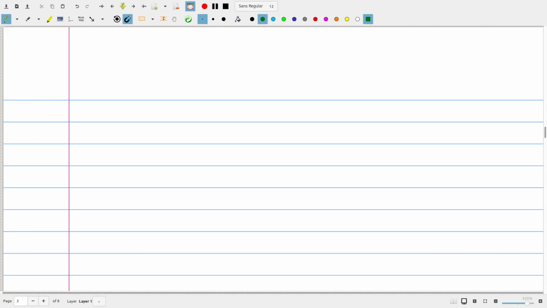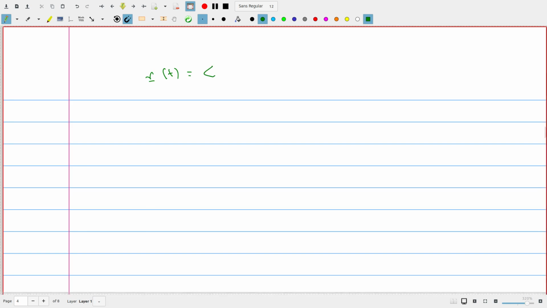So let's look at an example. This is example 3 from Stewart's calculus, page 891. We have a curve that's defined as r(t) equals 1 plus t, 2 plus 5t, negative 1 plus 6t.